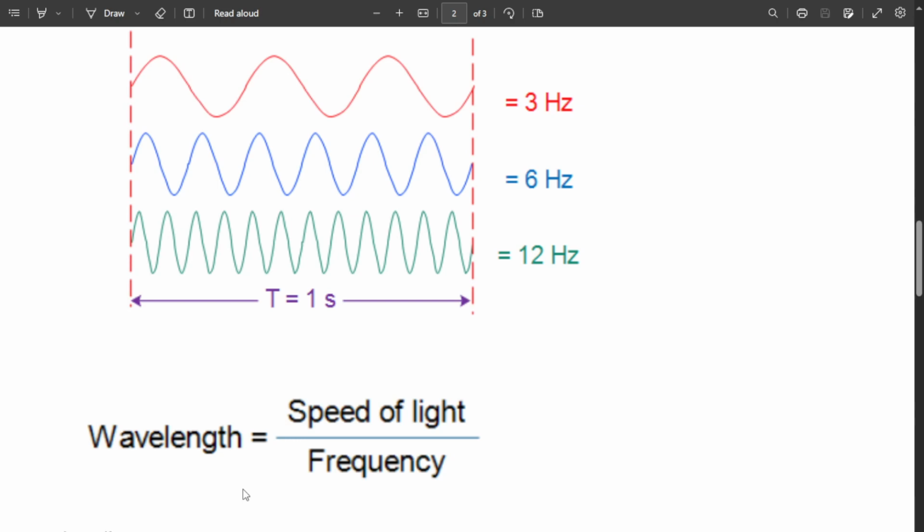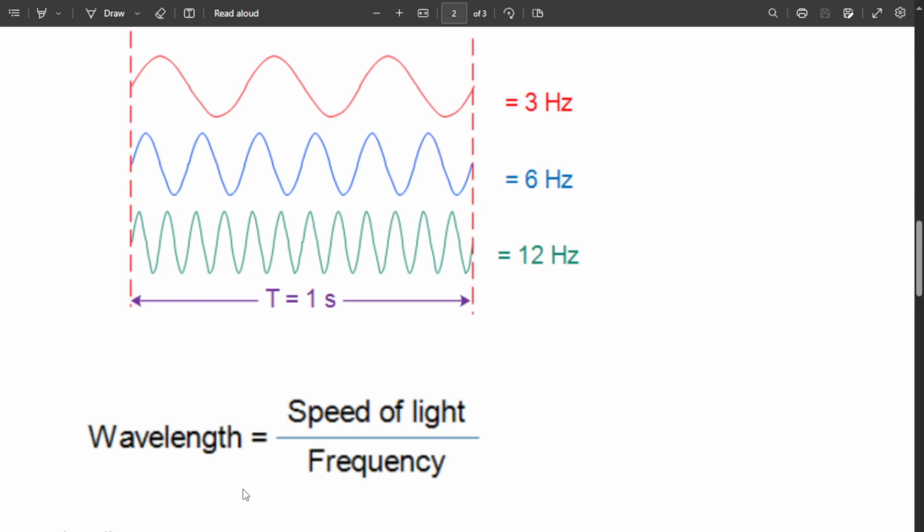As for the first repeating waveform and the blue one, the repeating waveform, the duration is decreasing, right? So in this case, frequency is increasing, but wavelength is decreasing. I hope you understand it.